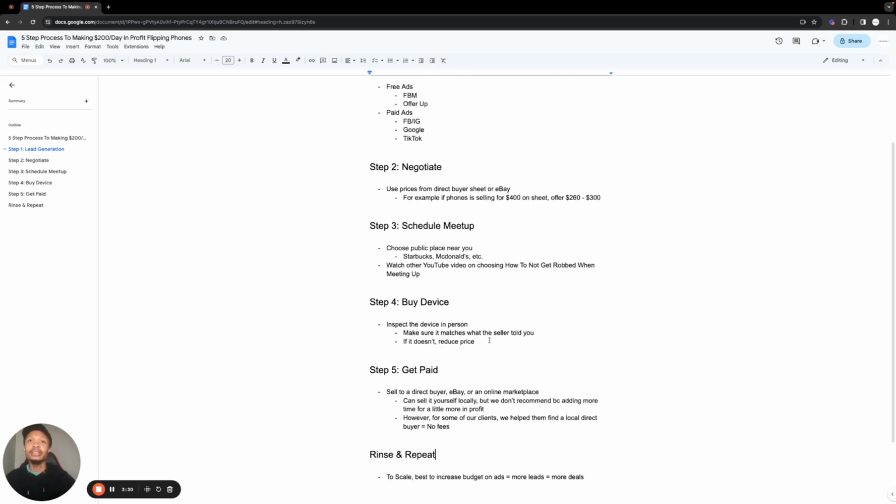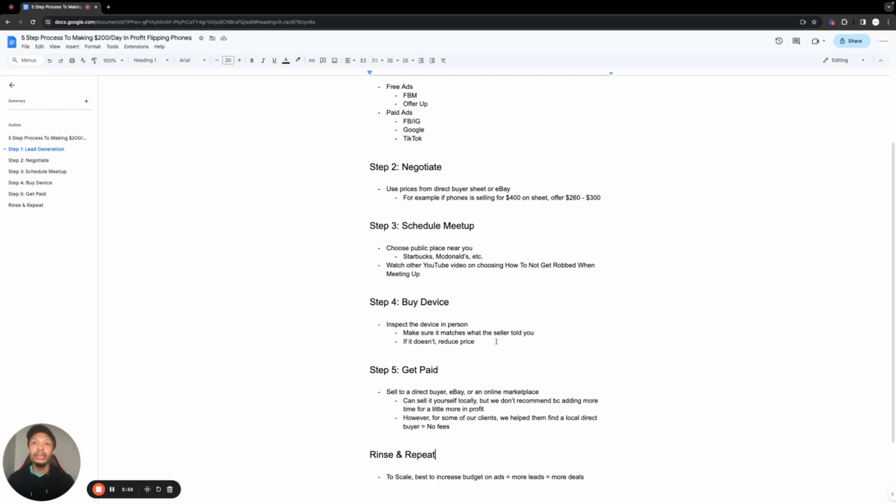Whenever you actually meet up with that person, you of course want to inspect the device, right? Because sometimes a customer can say the device doesn't have cracks, but you meet up and it has a crack. So what do you do in that situation? Well, you of course want to reduce the price because otherwise you're going to lose money on that device, if you quoted it with no issues and it actually has the issue. So you want to make sure that you inspect thoroughly.